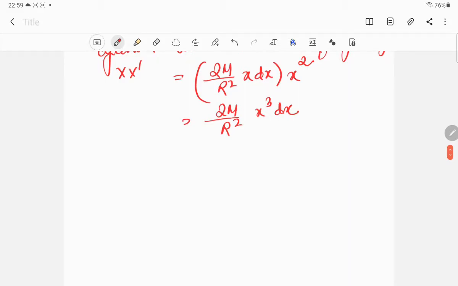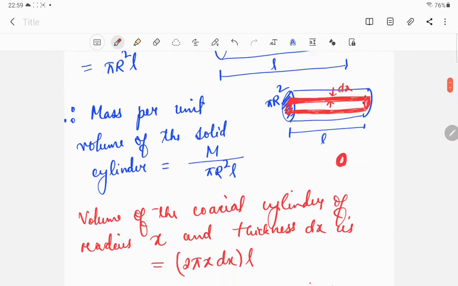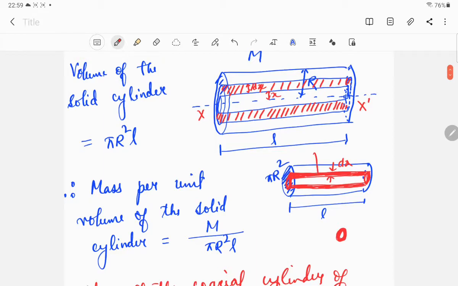Therefore, the total moment of inertia of the solid cylinder is I equal to, so we have got the moment of inertia of this coaxial cylinder.